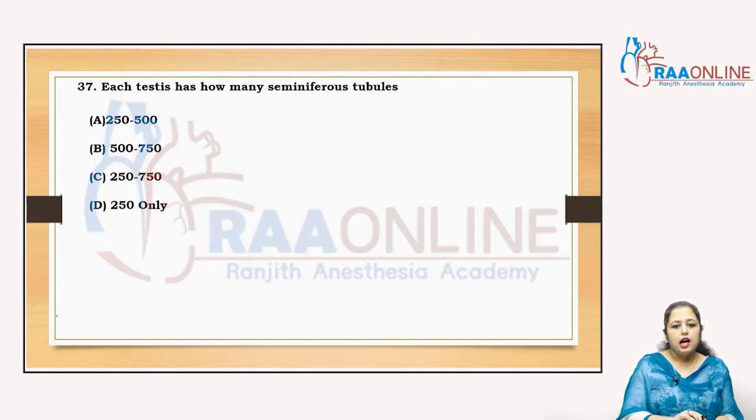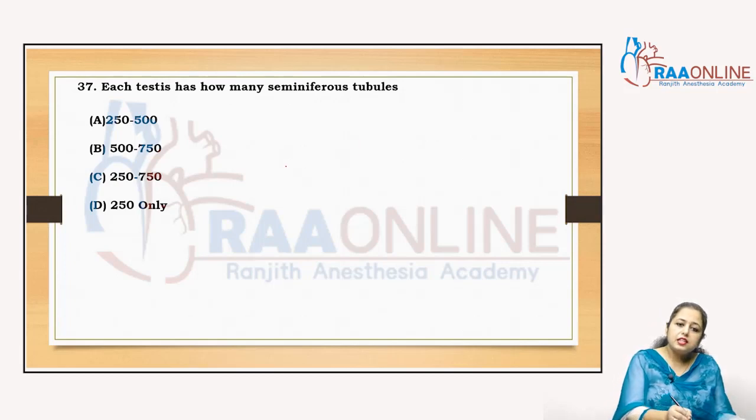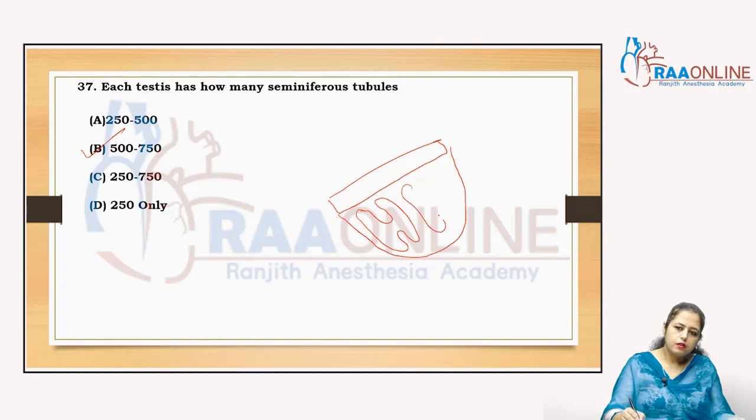Each testis has how many seminiferous tubules? Their number is 600 to 800 in each testis. When we see the cut section of the testis, in each testicular lobule, 1 to 3 seminiferous tubules are present.